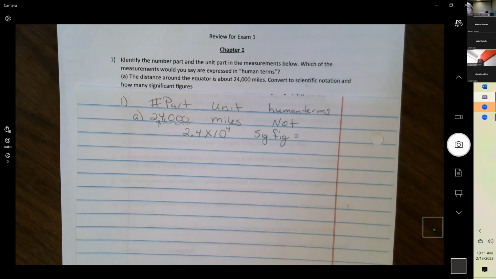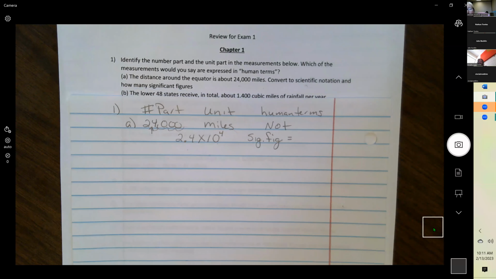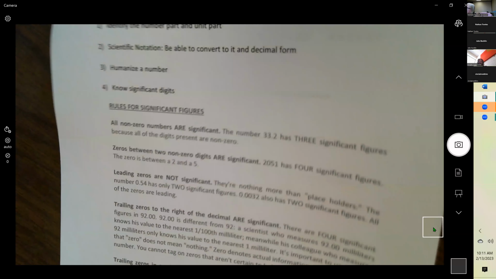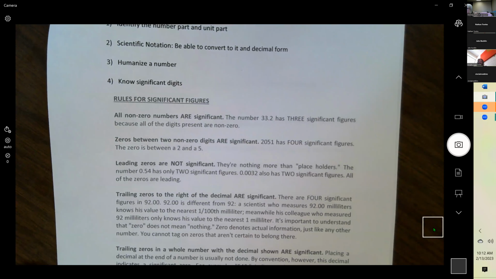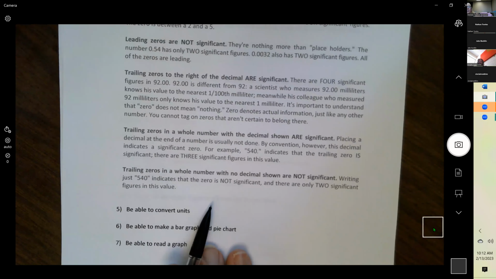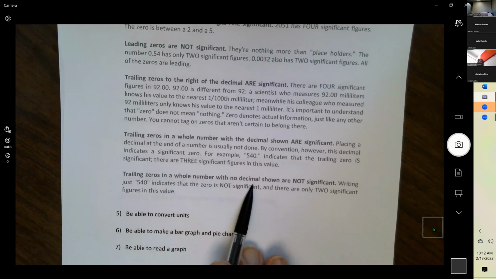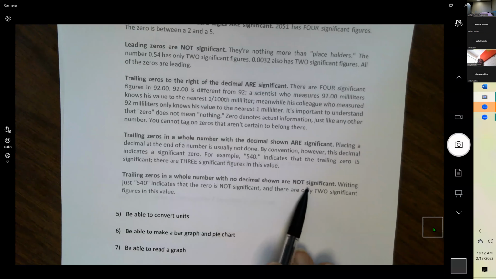Significant figures. It's 2. The zeros after do not count. Another thing, when you put it into scientific notation, you can see how many there are. If I look at this one, trailing zeros in a whole number with no decimal are not significant.